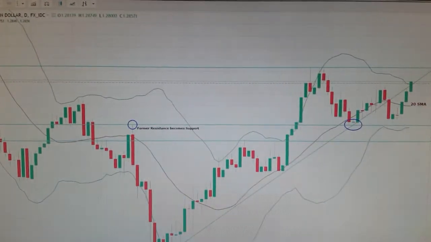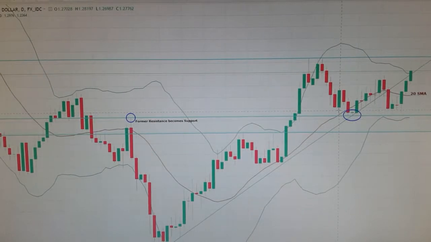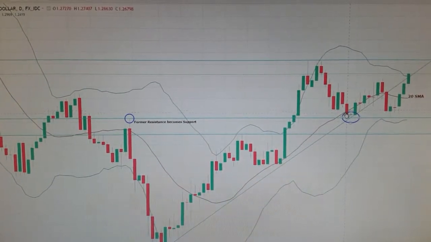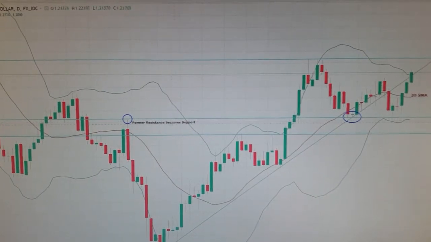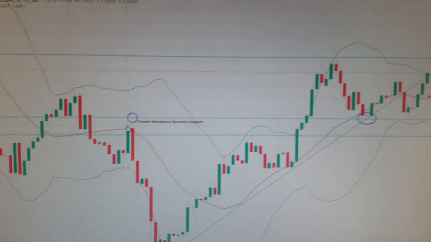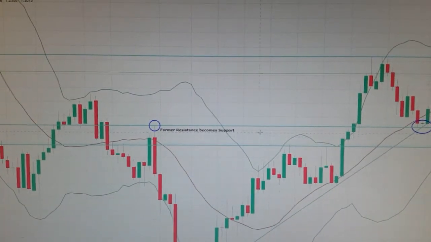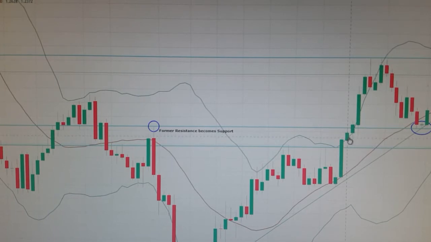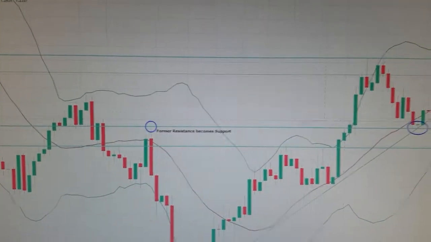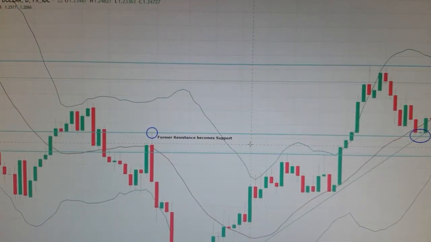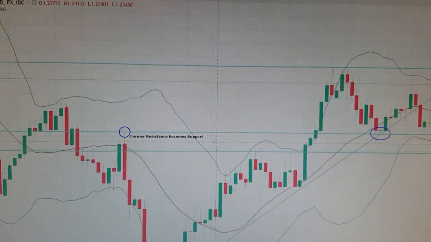Notice that when these candles touch this area, if you look left, this was formerly a resistance area, and essentially this is the area where it got broken. And the thesis is basically that a former resistance becomes support, as you can see from my chart here.